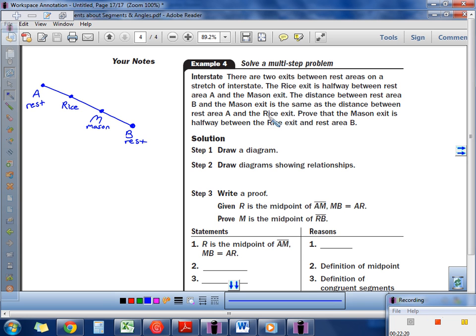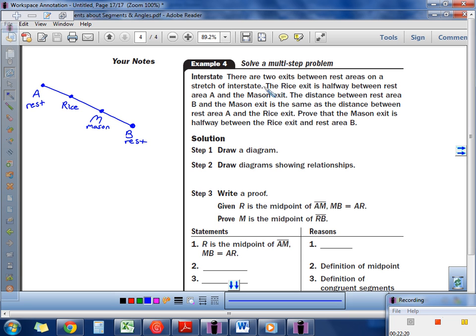So we're forgetting something. Even if you got this, we're missing some marks. What kind of marks am I talking about? Congruent marks. So we got to figure out, did we put any marks on there? No. So where should they be? Back to sentence 2. Read that one. Rice exit is halfway between rest area A and Mason. Where should I put congruent marks?